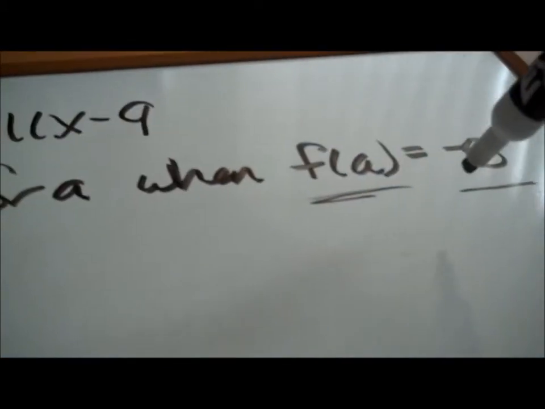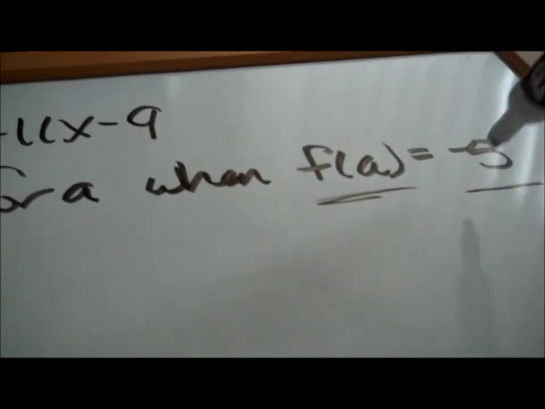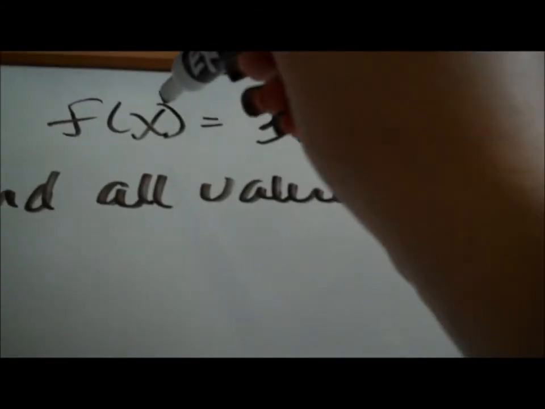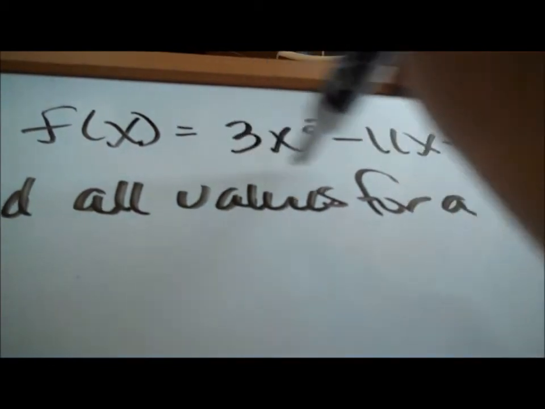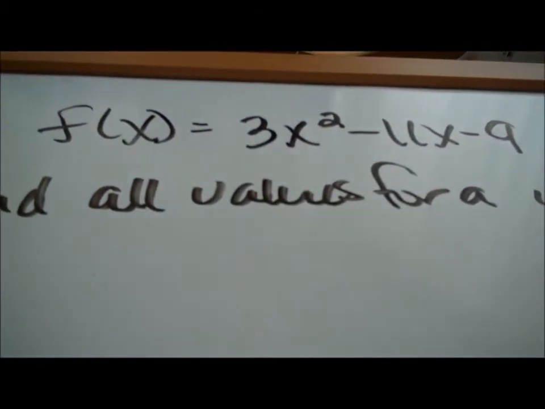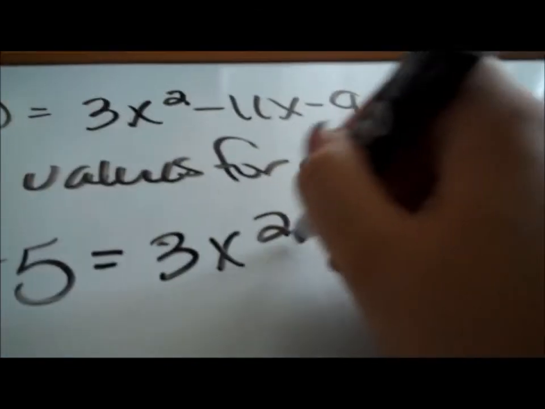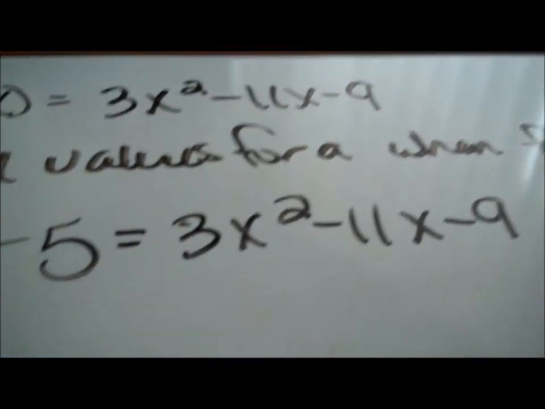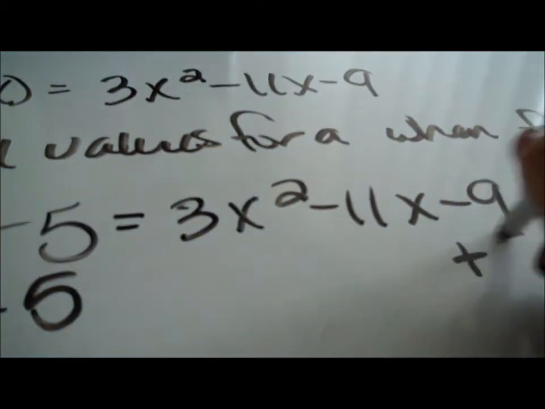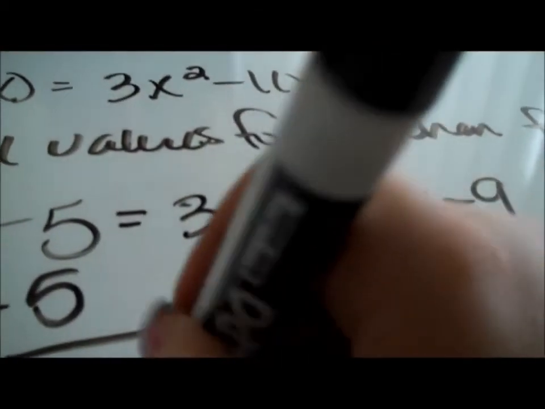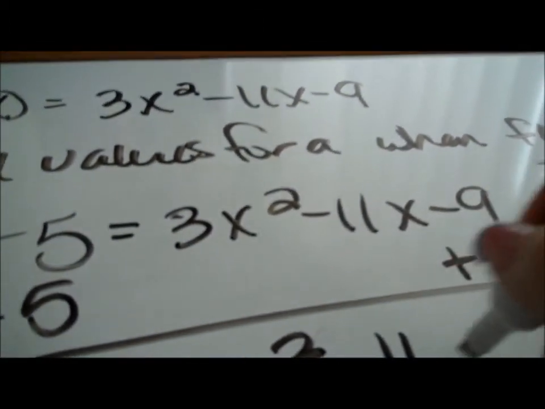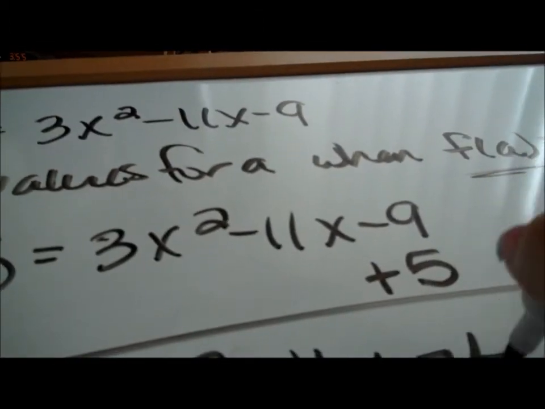So this is saying the entire equation or function is negative 5, which means I have to substitute it here, that the entire equation was equaling a negative 5. So negative 5 equals 3x squared minus 11x minus 9. I then have to move this over. So I get 3x squared minus 11x minus 4 equals 0.